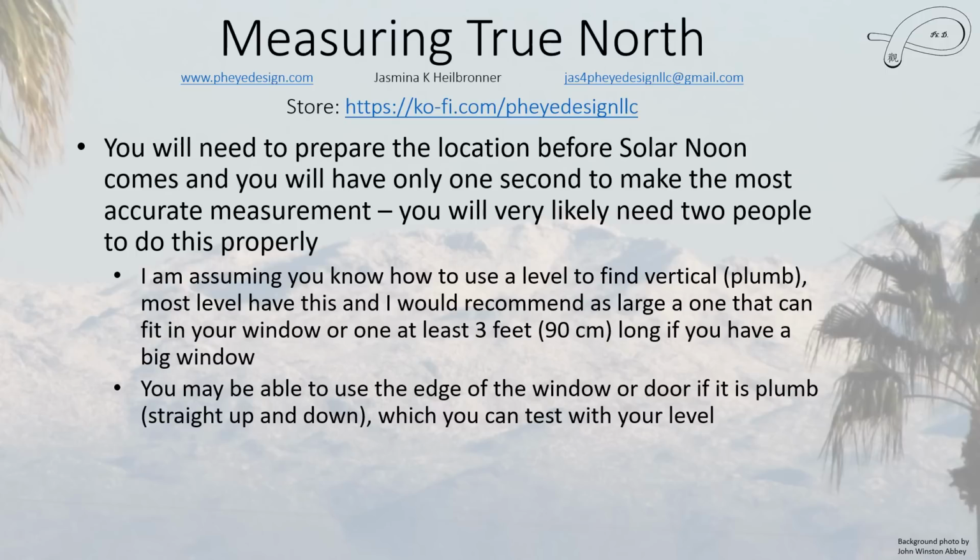Now, the nice thing is if you actually have your windows really nicely straight up and down, and typically they're that way, unless the house is very, very old and it has shifted and things have moved a bit. But if you can use the edge of a window or a door if it is plumb, and you measured that, of course, with your level.